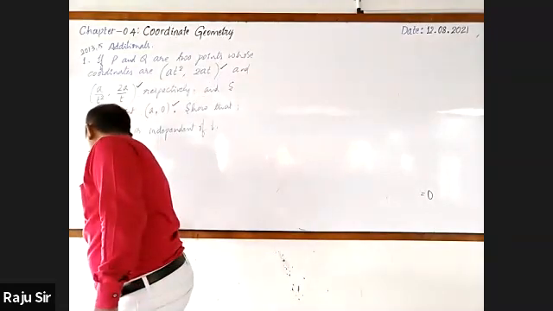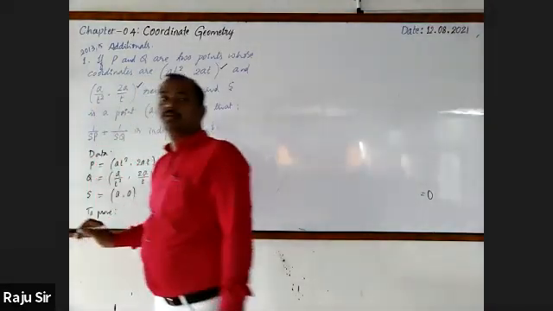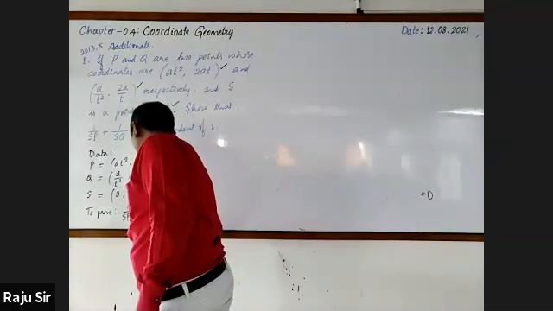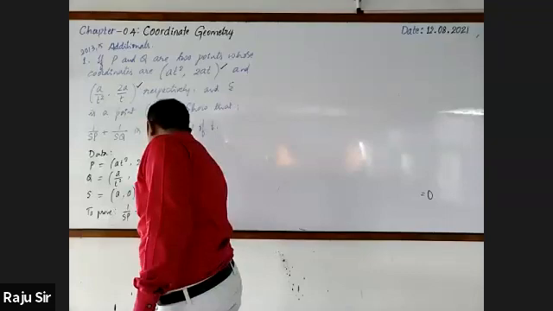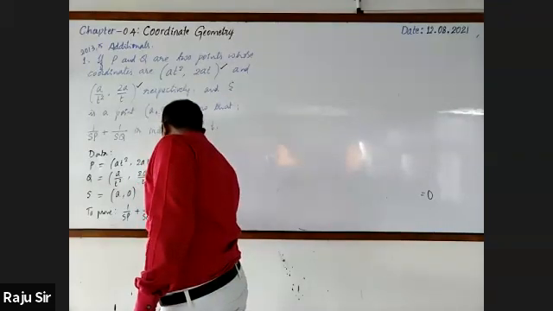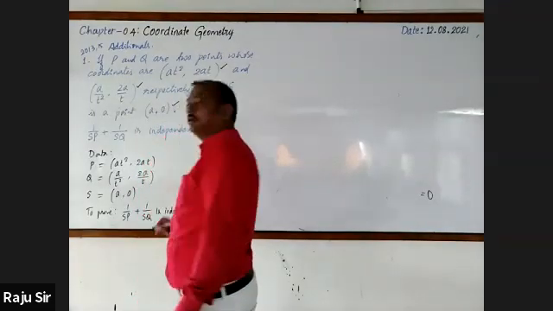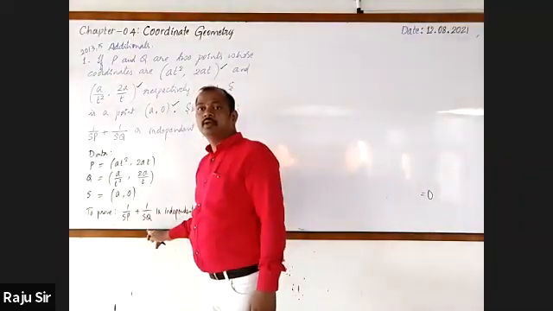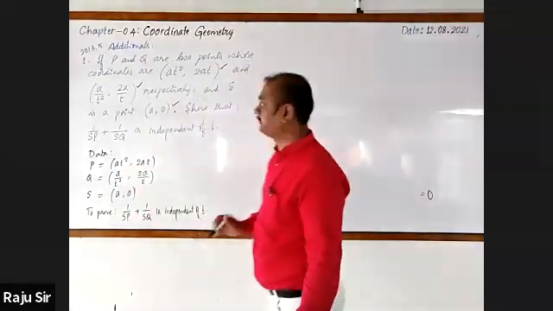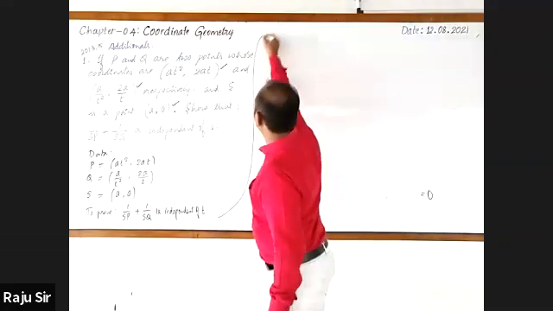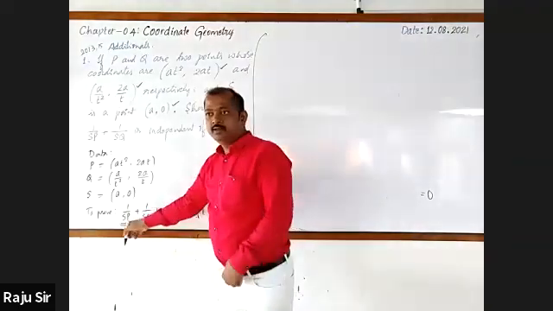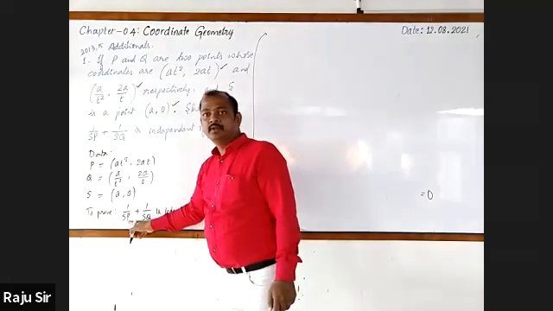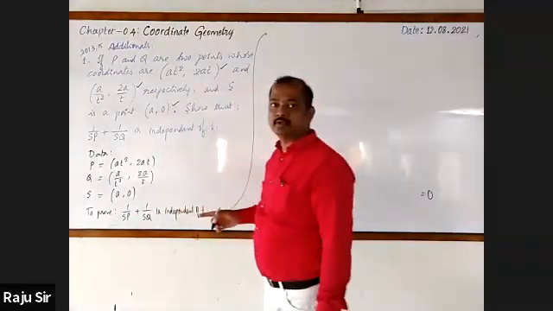To prove, what we have to prove? We have to prove that 1 by SP plus 1 by SQ is independent of t. Means when you find out the value of 1 by SP plus 1 by SQ, there should not be t. We want SP. We know the coordinates of both S and P.